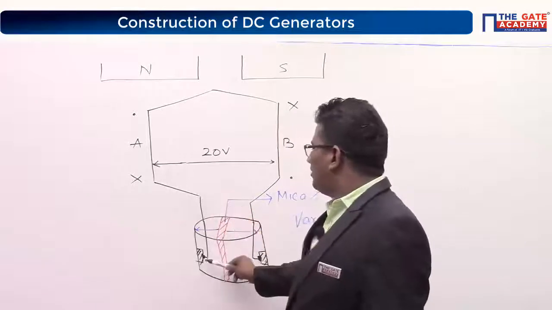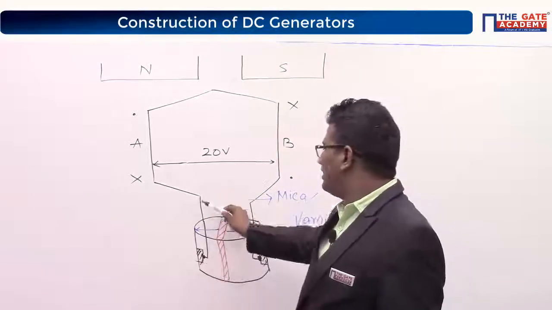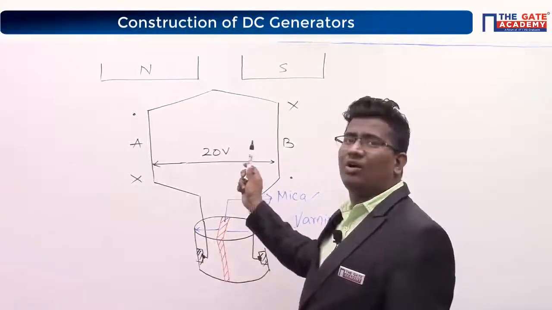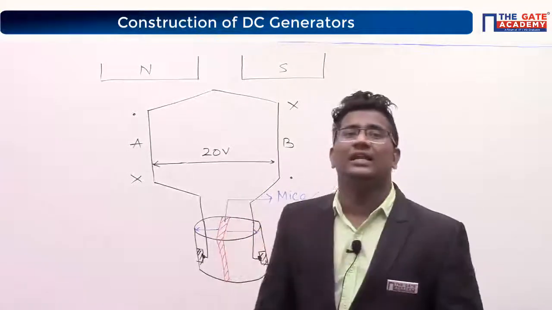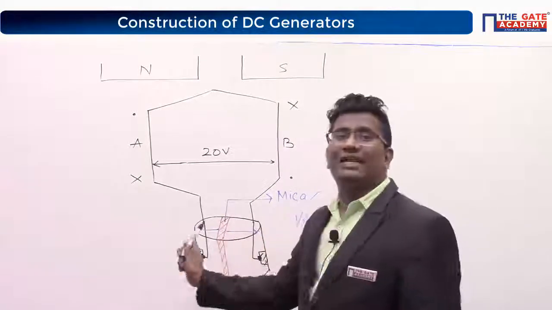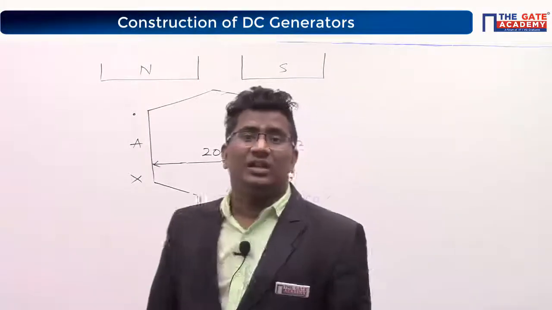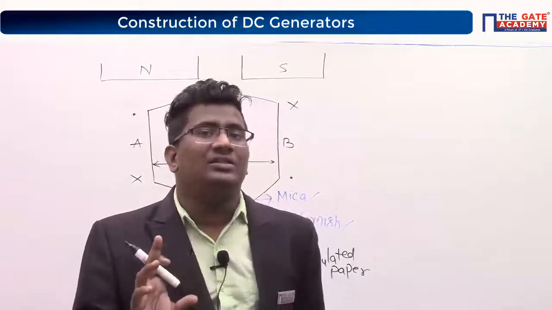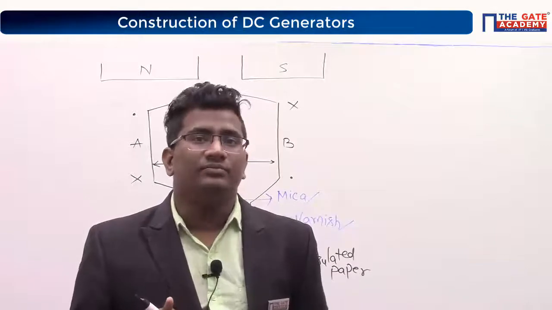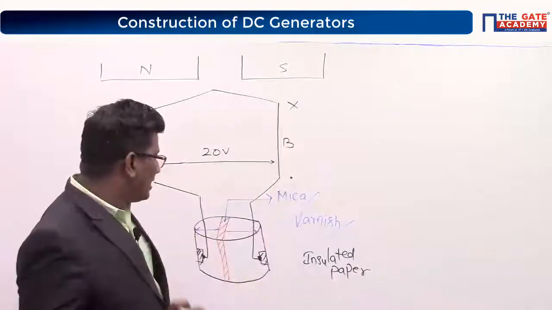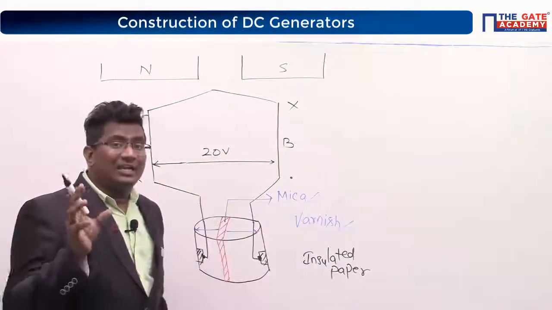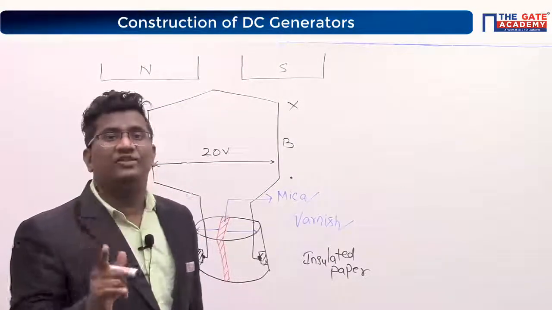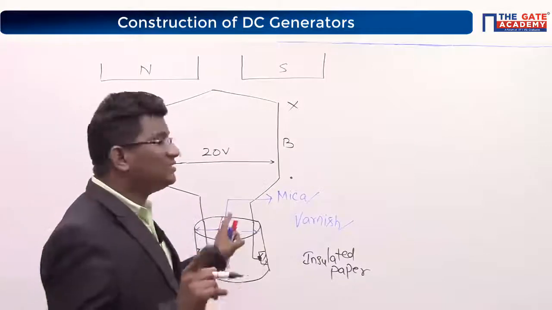Then along with the coil, is your commutator rotating or stationary? Is it a rotating part or a stator part? Yes, rotating part. That is why we keep the commutator in the rotor circuit. That is the only difference between a synchronous generator and a DC generator.